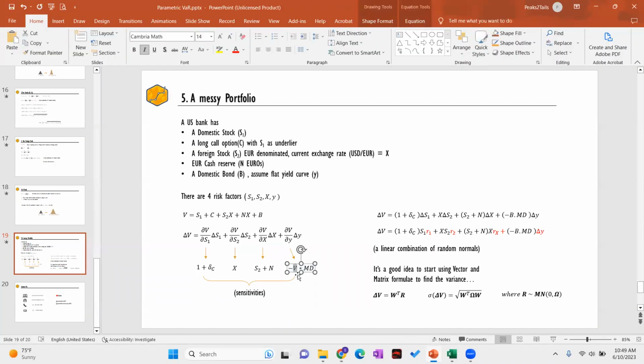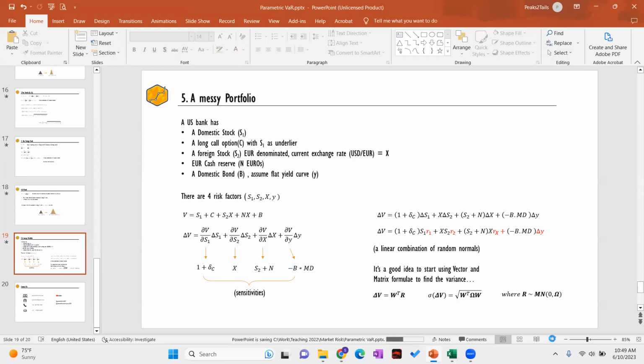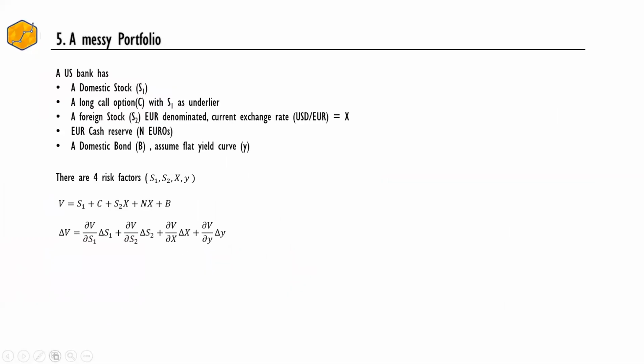Let's put B here. All right. So we got this expression. Now these are called sensitivities with respect to the 4 different risk factors.